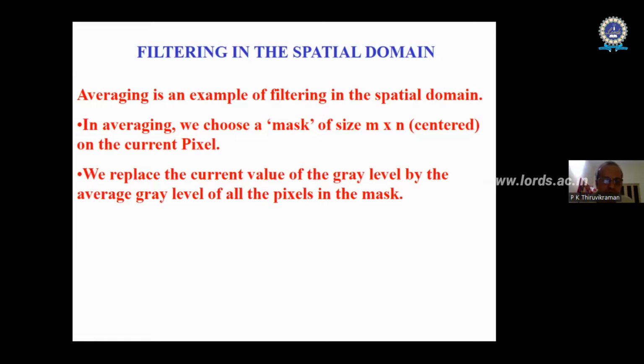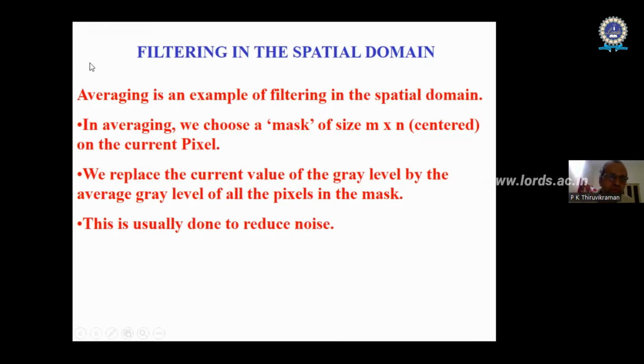Then we replace the current gray level at the center of the mask by the average gray level of all the pixels in the mask. This is a very simple operation, right? But remember, it has to be done throughout the image.